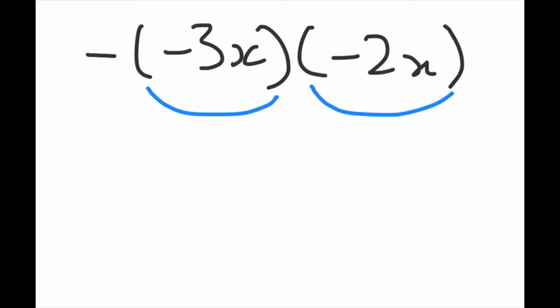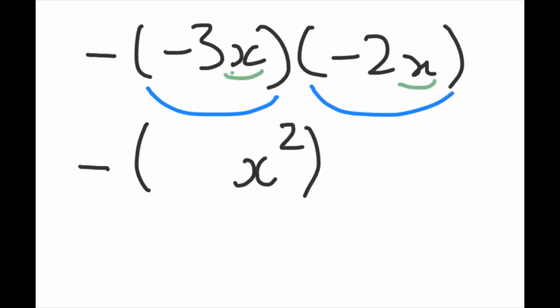But before we do that, let's just keep this minus over here and put everything in the bigger bracket. So let's do the x first. X times x gives us x squared. Then we do the minus 3 times minus 2. That gives us 6.